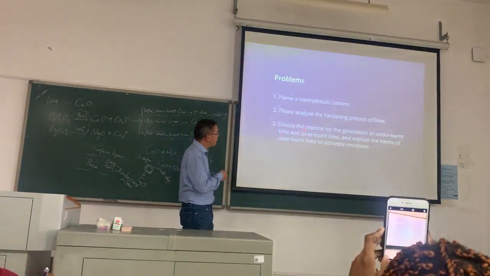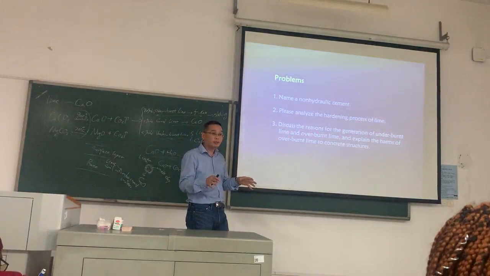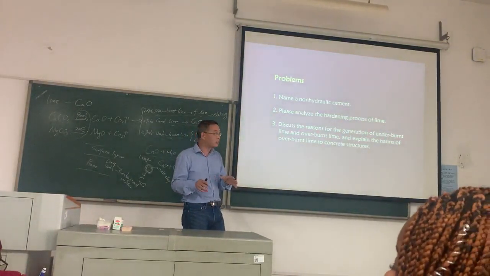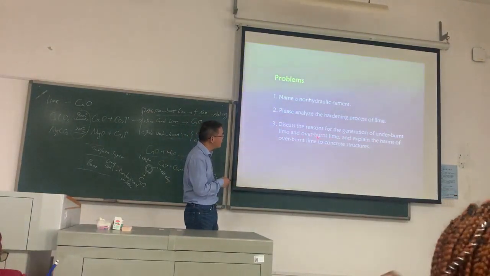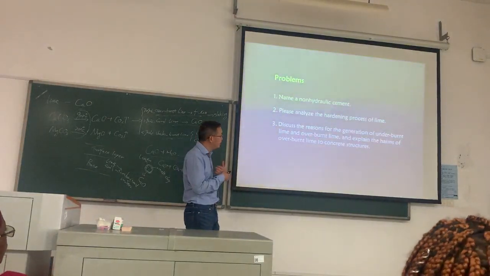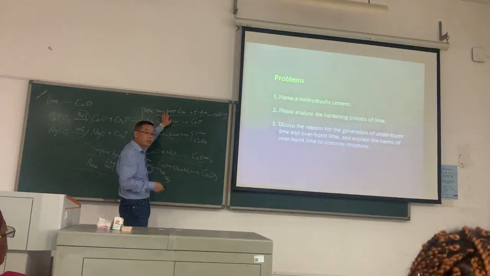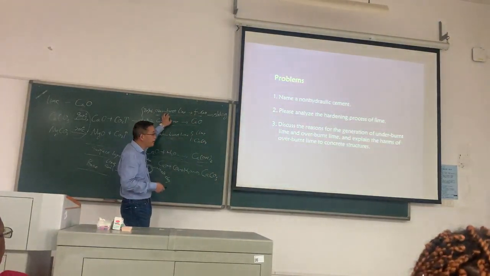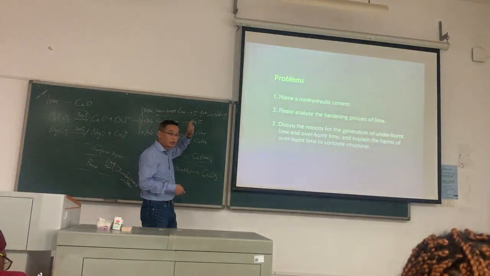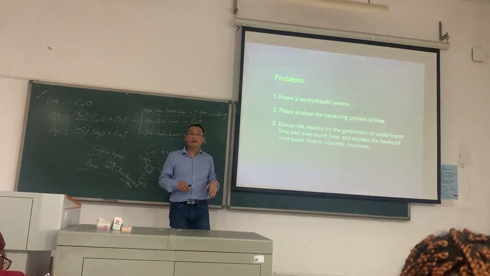You need to discuss the reasons for the generation, how it is produced, the underburnt lime and overburnt lime. And then explain the harms of overburnt lime. Just explain. So this one is for the homework. You need to finish it.